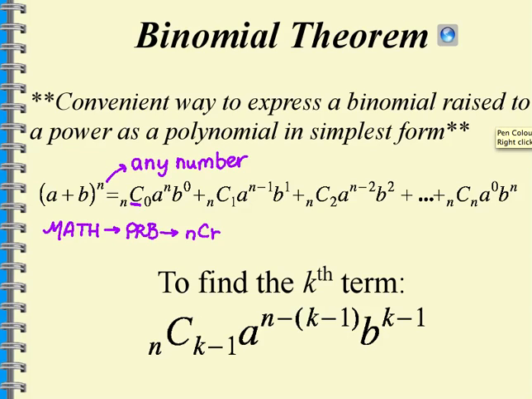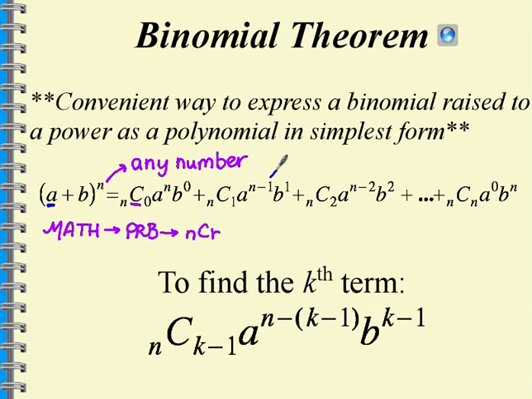I'm always going to start with a, my first term, and take it to the power first, and b will always be to the 0 power first. My next one will be n choose 1. That C means choose, if those of you watching are wondering what I meant when I said choose. Then a to the n minus 1, so I subtract 1 from the exponent of a and add 1 to b.